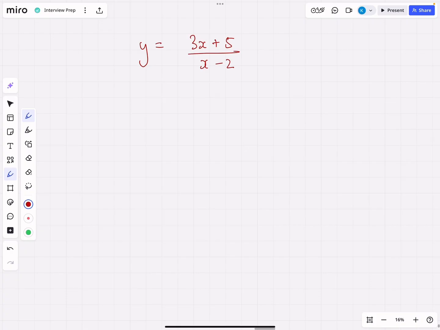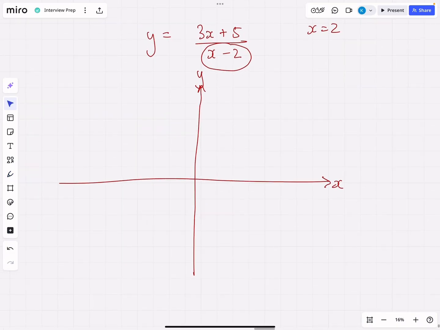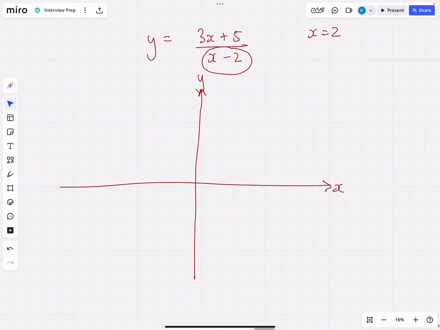One is that we're going to have what kind of asymptote? A vertical asymptote here at x equals 2, because we can't have division by 0. So we already know we can add that in. So let's say our 2 is here. This is our x equals 2.